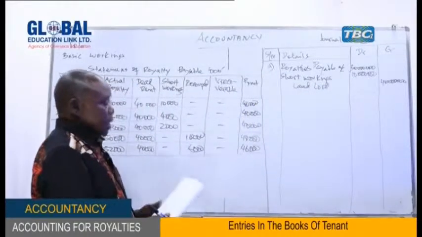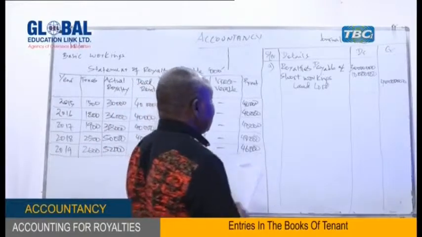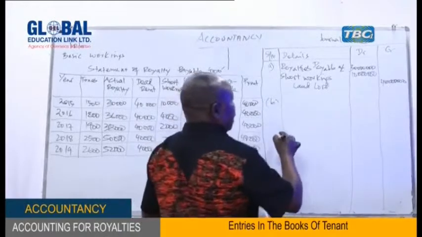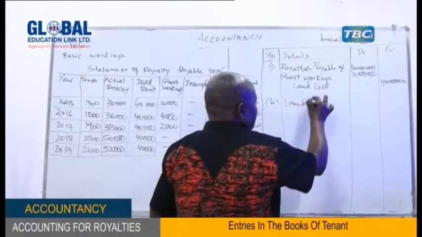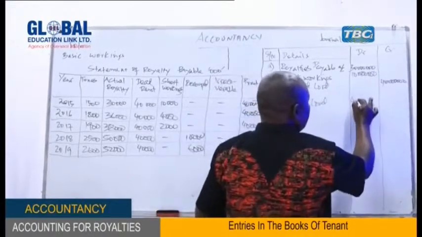So category B now, it's a payment to the landlord. So we are going now to debit landlord 40 million.